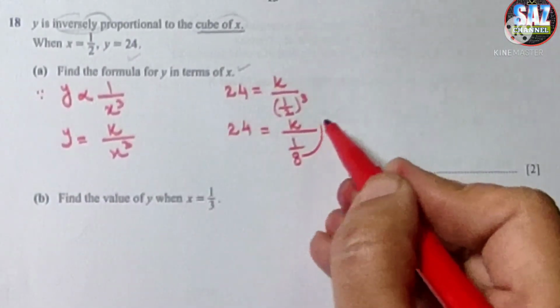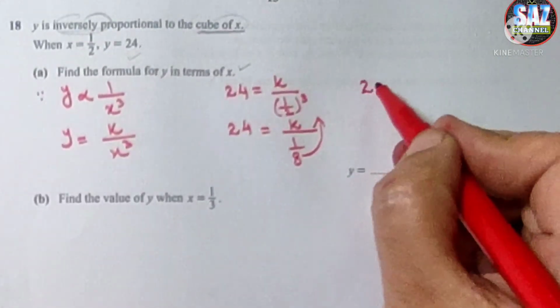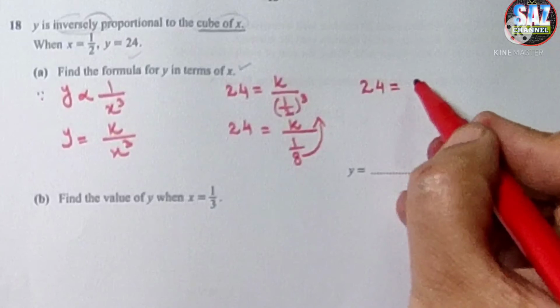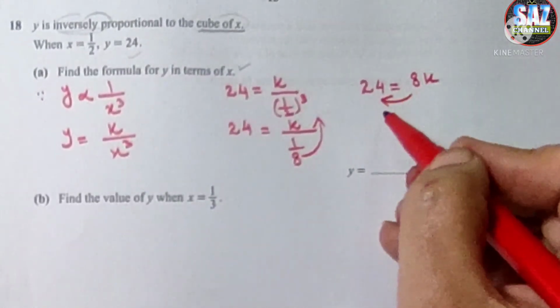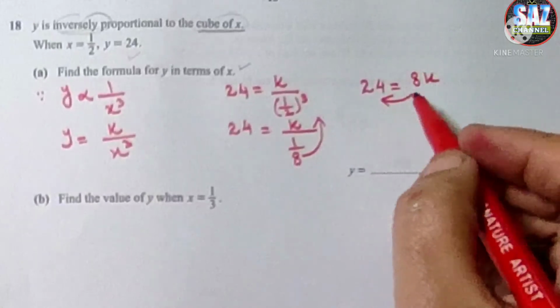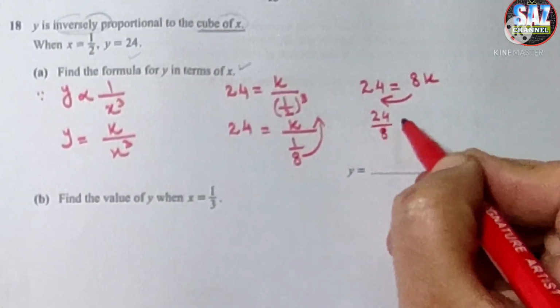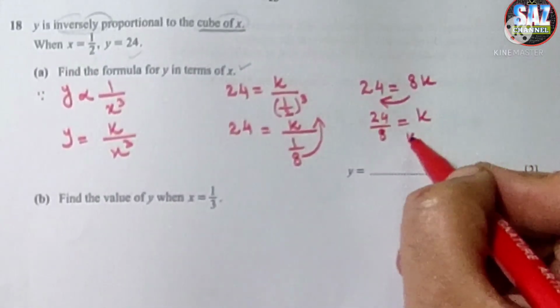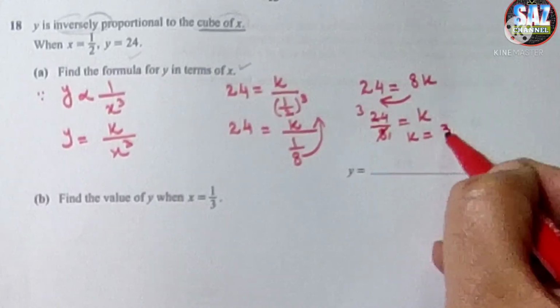Now this 8 will go up, and the equation will take the form 24 equals 8k. Shift 8 to the other side, and your equation will take the form 24 by 8 equals k, or k equals 3.